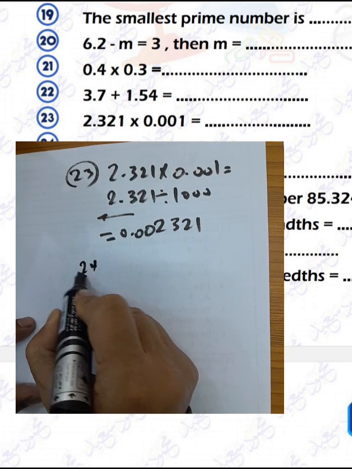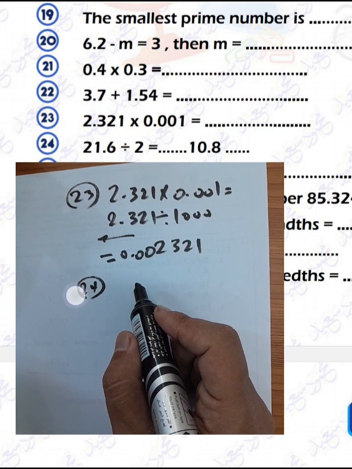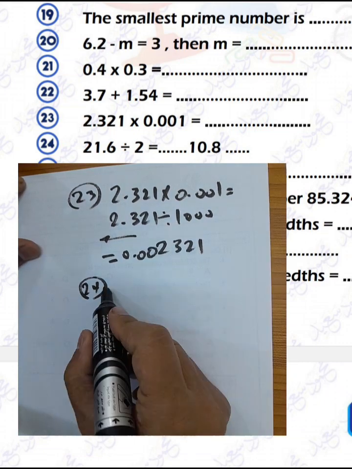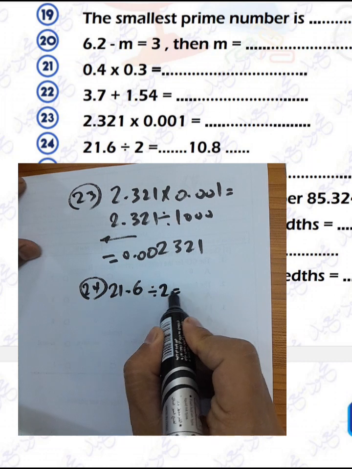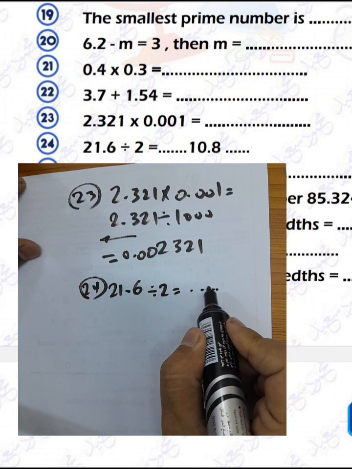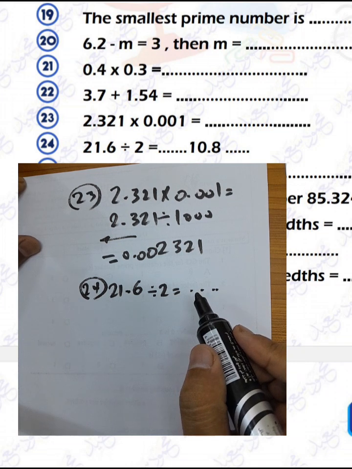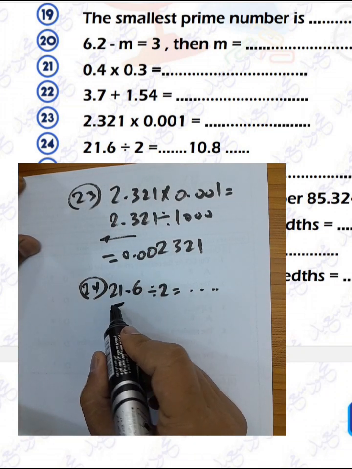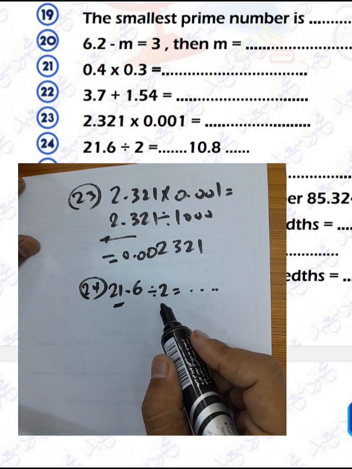Question 24. 1.6 divided by 2 equals, space here, this number 24. We can find the division. 21 divided by 2, it will be what?